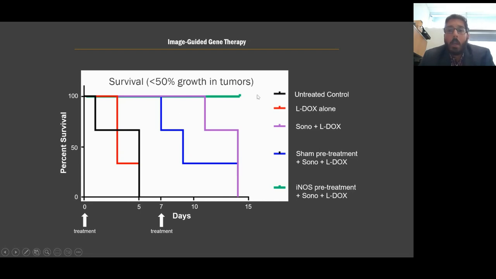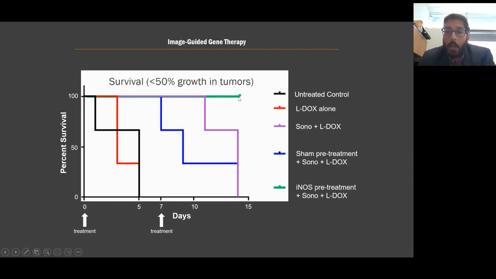As you can see, untreated controls or LDOX alone, most of the tumors by day 5 have grown beyond the 50% threshold, whereas sonoporated tumors with LDOX have extended survivals. Importantly, only the iNOS pre-treated tumors with sonopermeation and LDOX have 100% survival at 14 days.